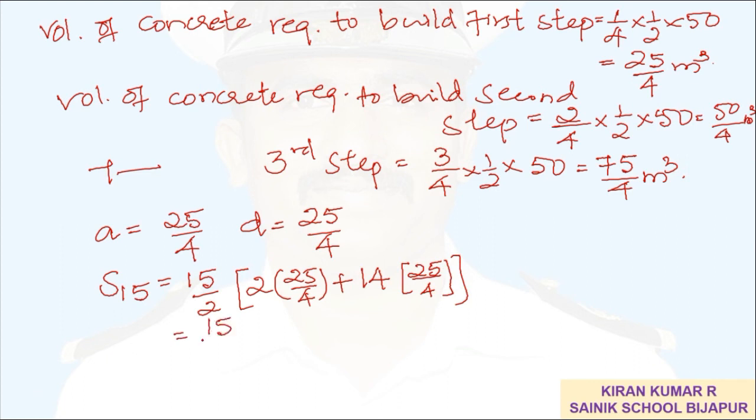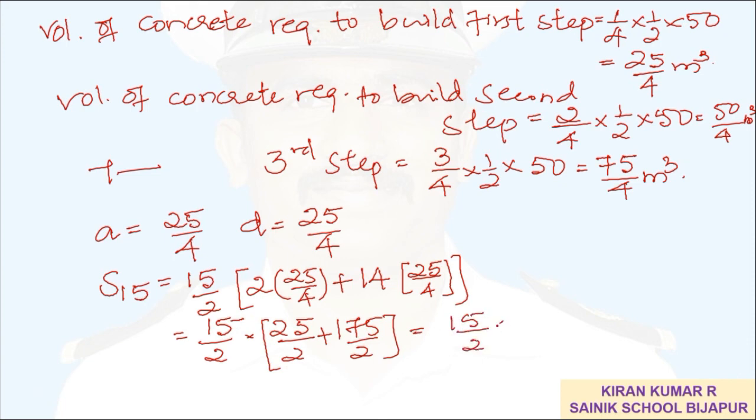So we get 15/2 multiplied to, this will become 25/2, plus this will be 175/2. On further simplification, we get 15/2 multiplied to 200/2, which will be, this will be 7.5, this will be 100. 100 times of 7.5 is 750 meter cube.